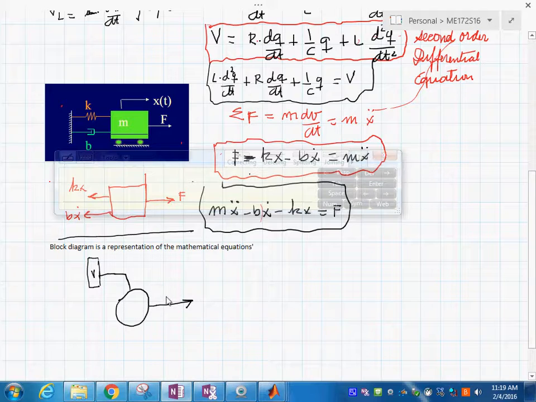The output, this is L d squared q dt squared, and each of these will have to be a minus, like minus R times dq dt, and then you have this other one here, minus R times dq dt.